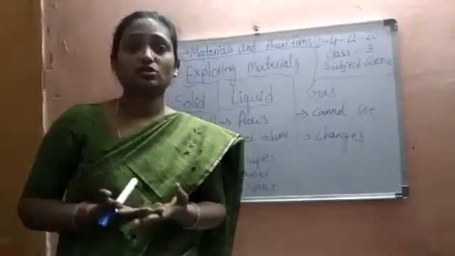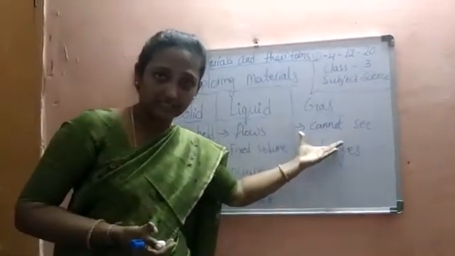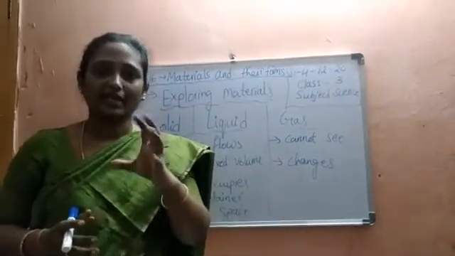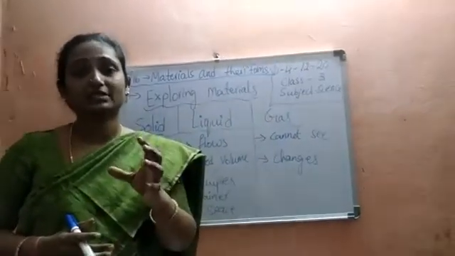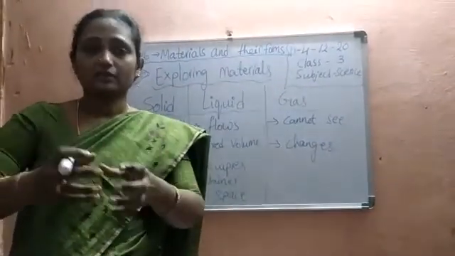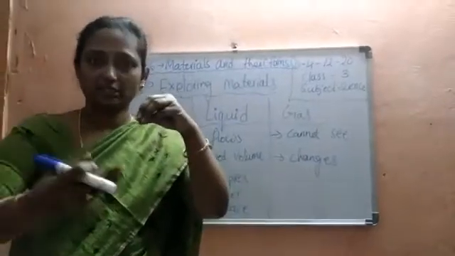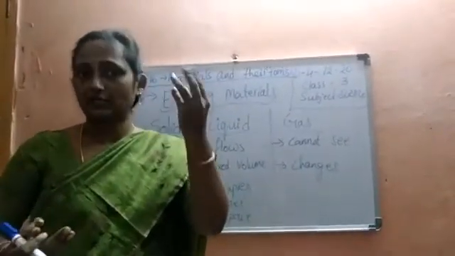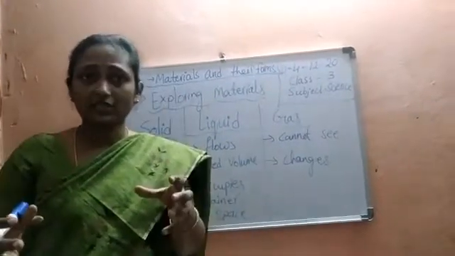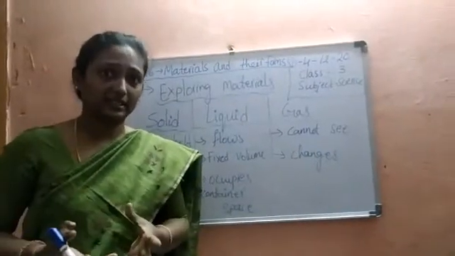So these kinds of materials are gases, which cannot be seen, but you can fill up a balloon with air. That means it occupies the shape of the container. If you are filling up the air in the balloon, it occupies the shape of the container, but it cannot be seen. But when you open a balloon, can you see that it is filled with air? No, you cannot see it with the naked eye.